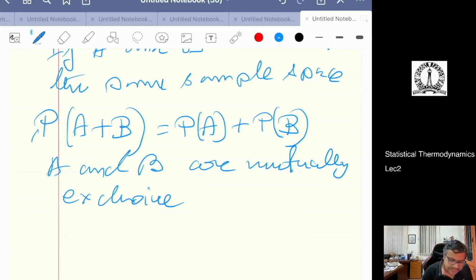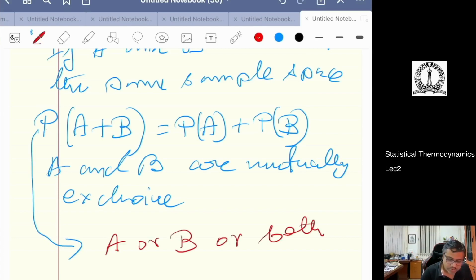So physically, this probability of A plus B means that A or B or both. This is what it means, right? So physically this is what it means, that A or B or both.